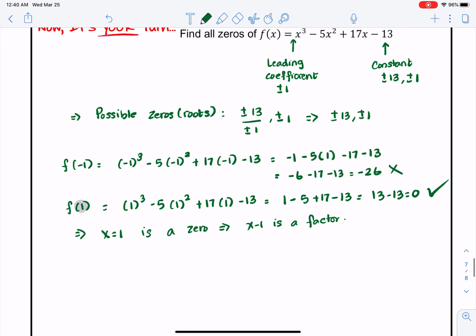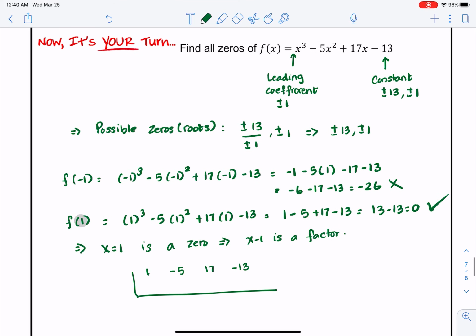So 1, minus 5, 17, and minus 13. Those are the coefficients in the original polynomial here.